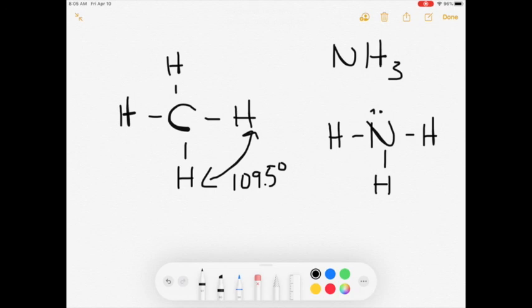Okay, and here, I told you tetrahedral had a bond angle of 109.5, but the lone pair actually causes these bonds to shift down, and so we get 107.5 for the bond angle between the hydrogen atoms in this one. So this lone pair is really big, and it makes the bond angle between the hydrogens lower.